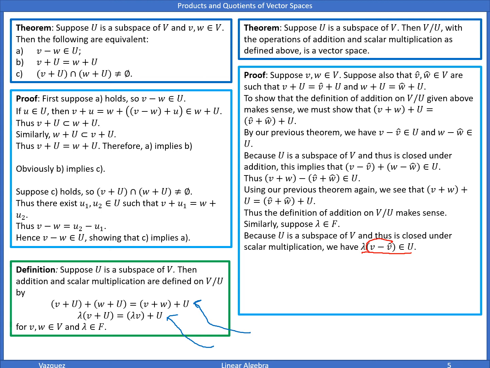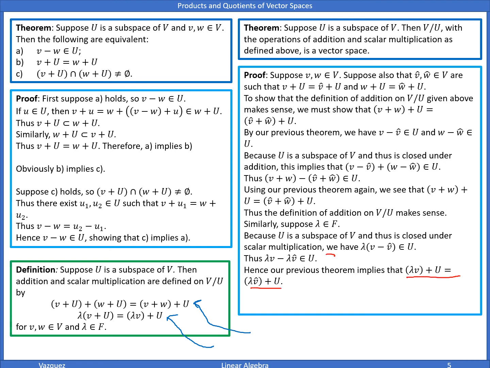Because this is in U, and because it's closed under multiplication, we know that multiplying by lambda is in U. Therefore, lambda times v minus lambda times v hat is in U. Again, our previous theorem implies that this equation holds.